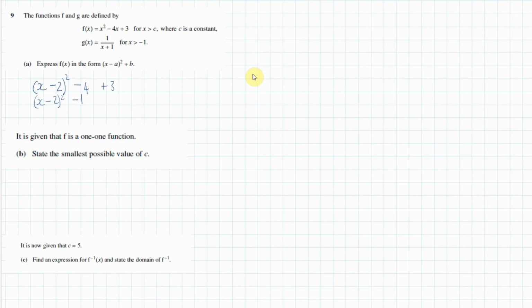Part 2, it is given that f is a 1-to-1 function. State the smallest possible value of c. So if we go to sketch the function, you would see that there is a minimum point, and it has coordinates at (2, minus 1).